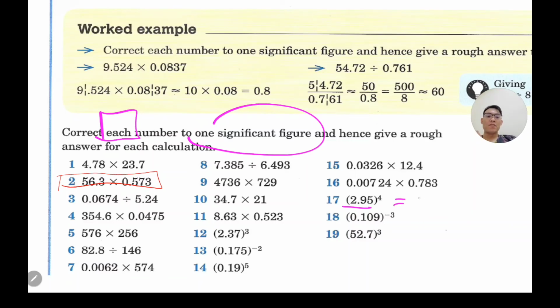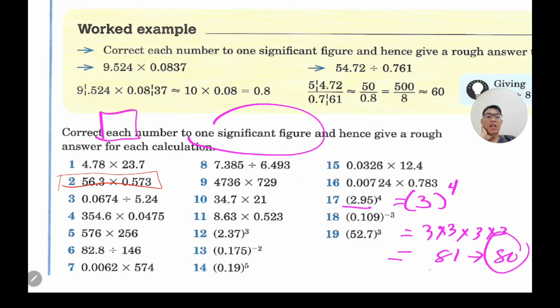So that becomes 3 to the power of 4. Correct? Now 3 to the power of 4 is equal to 3 times 3 times 3 times 3, which is equal to 81. That's our answer. However, the final answer must be written into 1 significant figure only, which becomes 80.